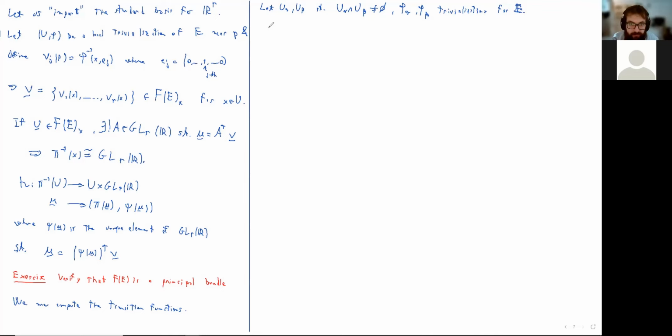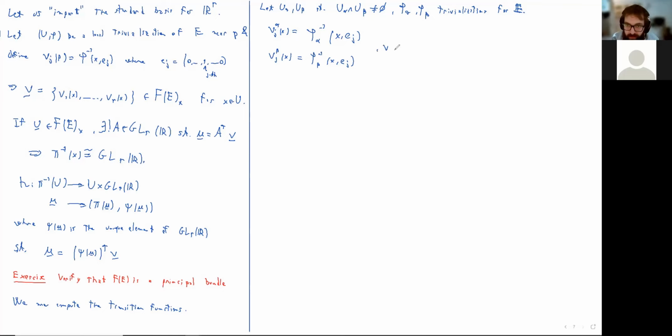And we have V j alpha of X, which is phi alpha inverse of X, e j, but we also can do the same for beta. It's the same thing we're doing here, but in both sides.